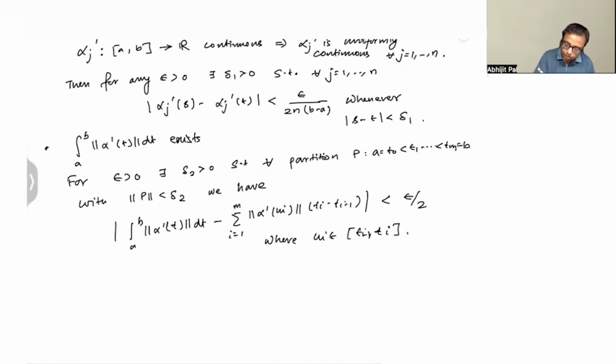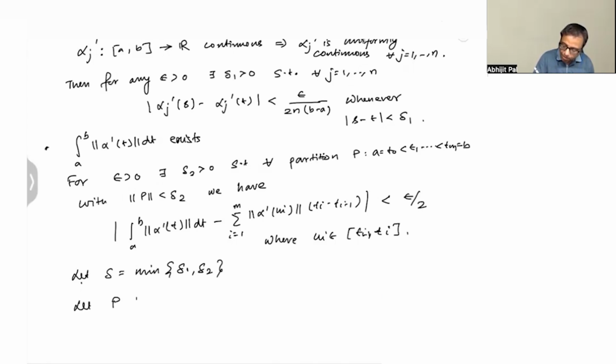All right. So now let us take this length of alpha with respect to the partition P. Okay. So before that, we got this delta 1 and delta 2. So let delta be equal to the minimum of delta 1 and delta 2.